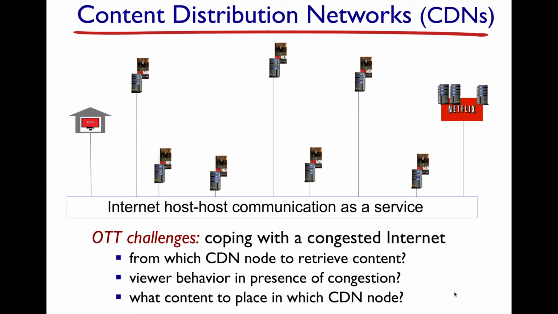And so some of the challenge deals with the congestion that you can have, because while you can have a connection between two hosts, between the origin server in one data center and the client on some access network, the congestion or the condition of the routers on all the hops along the way certainly affect your end-to-end throughput. And so some of the considerations is which CDN node are you going to use to retrieve your content? If you have multiple copies in different places, what criteria do you employ as to which one you're going to select?